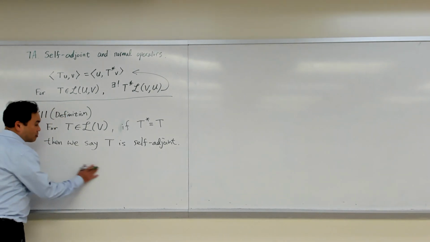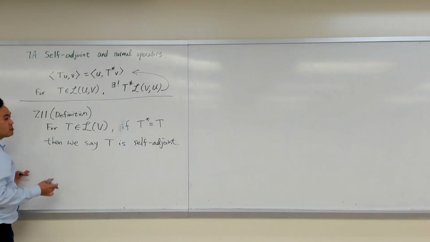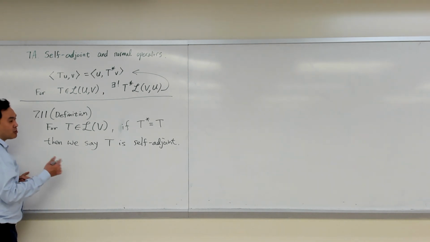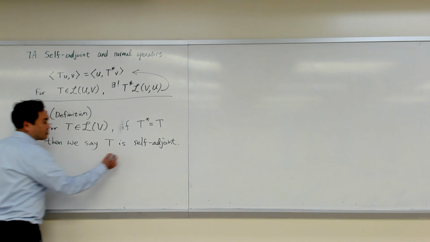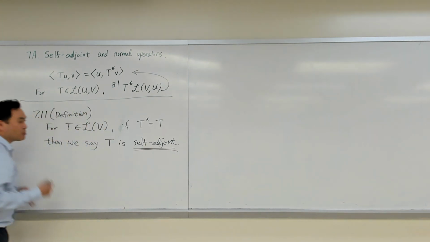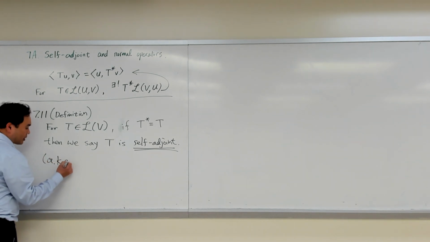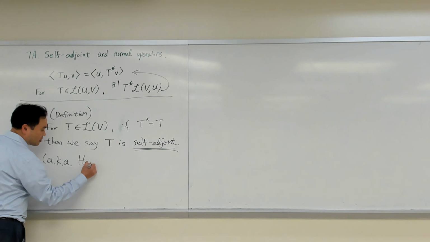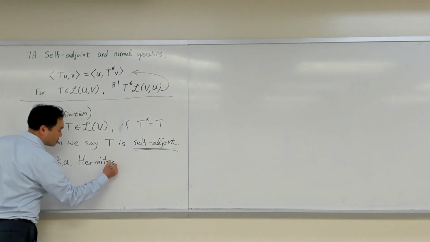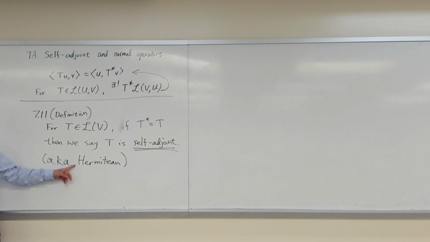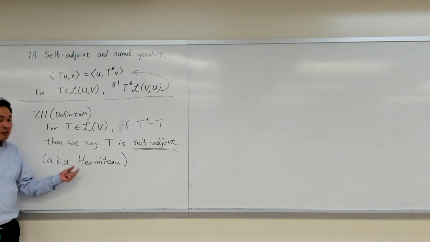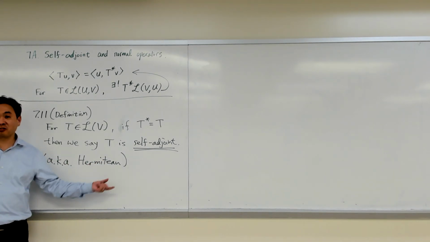Now, in mathematical physics or in some other areas like functional analysis, self-adjoint has another very widely used name. It's also known as Hermitian. Hermitian matrices are very important in quantum mechanics because in quantum mechanics, observables are operators and vectors are the states.